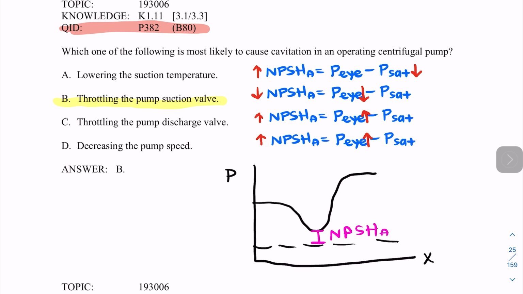So I'm gonna increase the pressure at the suction of the pump, right? So I'm increasing the pressure at the eye of the impeller, which causes an increase in my net positive suction head available. So the answer is throttling the pump suction valve. If I throttle that, I'm gonna be most likely causing cavitation because I'm gonna be moving my graph like this.